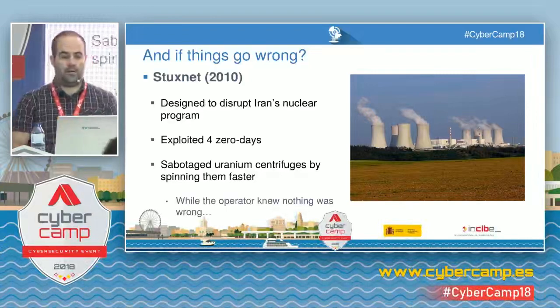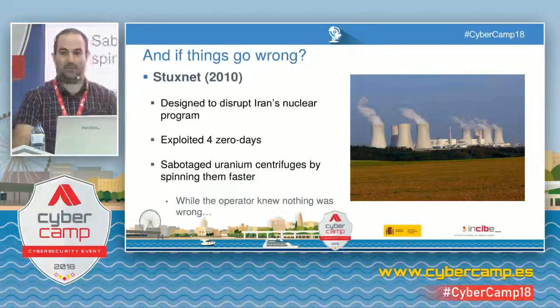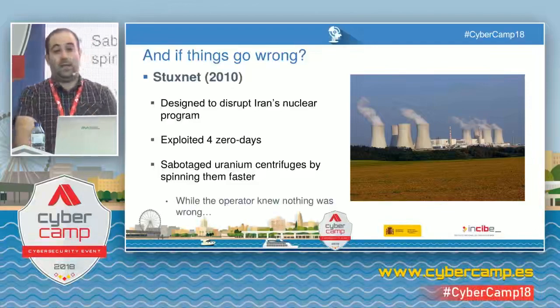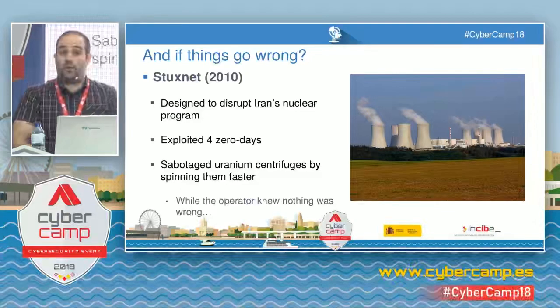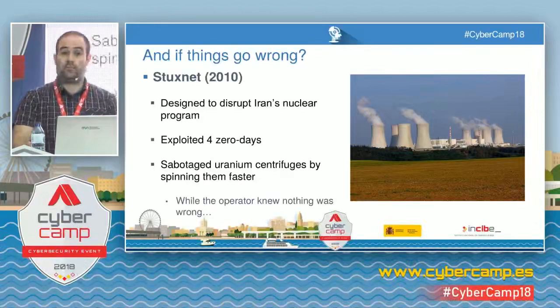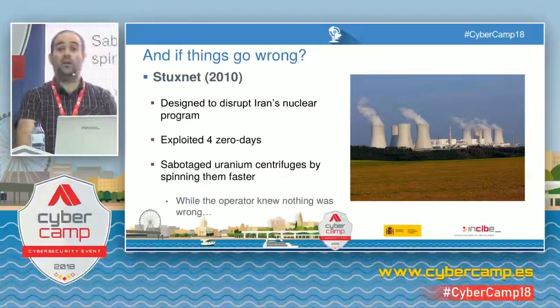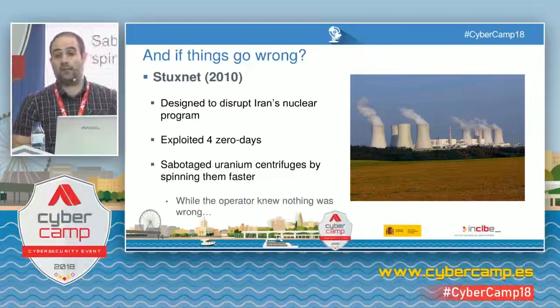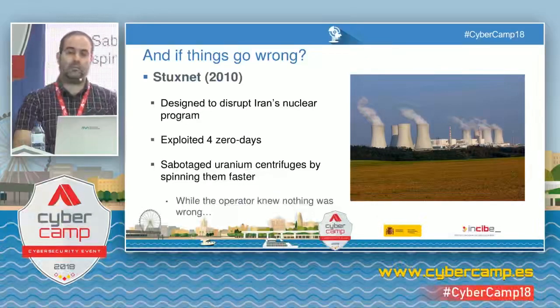So, the third instance is the most popular example that everybody knows about, the Stuxnet incident. Apologies if I'm going to bore you telling you about this. Apparently, it's the most sophisticated malware ever written, using a zero-day vulnerability, affecting 2 power stations in Iran.